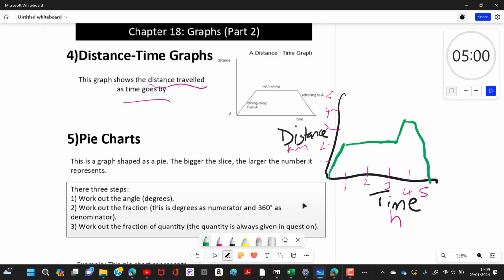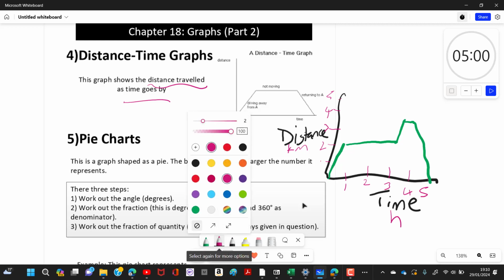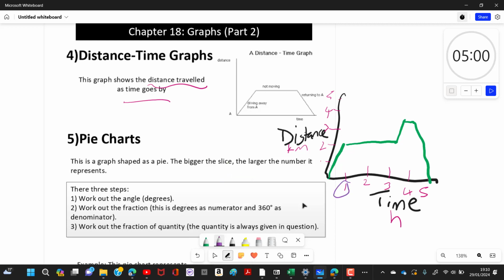So basically what this shows is that in 1 hour, I have travelled 2 kilometers. Here I've travelled 2 kilometers, this point here.